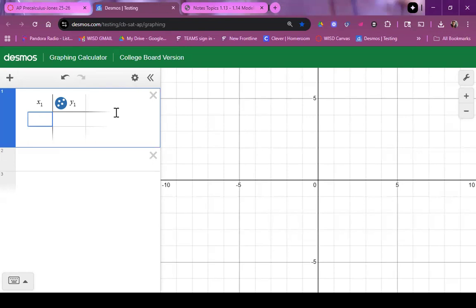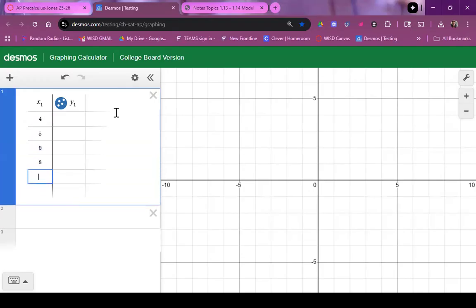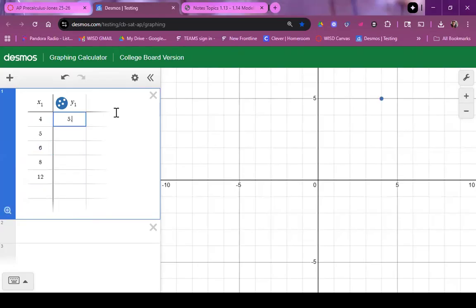All right, what are my numbers? Okay, and then my weights. 4.2. 4.8. 5.1. And 5.7. All right, so we're back at our baby weights.